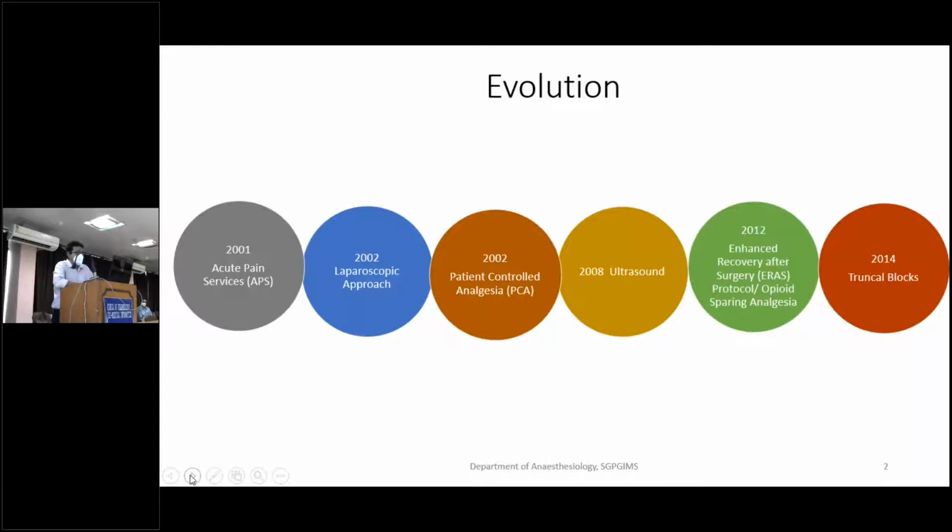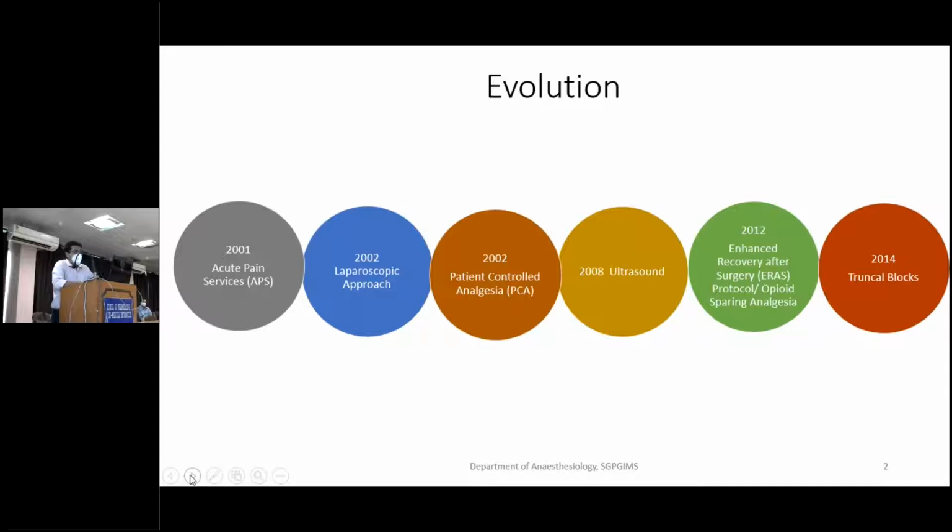However, this good post-operative analgesia has to be achieved with an opioid-sparing method, because opioids have obvious side effects like nausea and vomiting. They increase the incidence of post-operative ileus and somnolence. All these things interfere with the recovery of the patient. Hence, ERAS stressed the concept of multimodal analgesia or opioid-sparing analgesia.